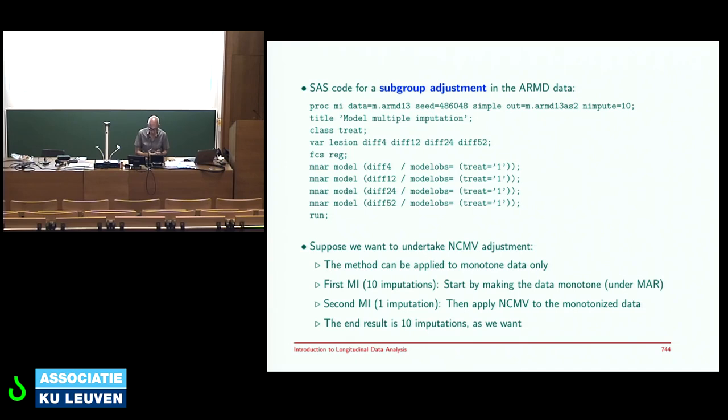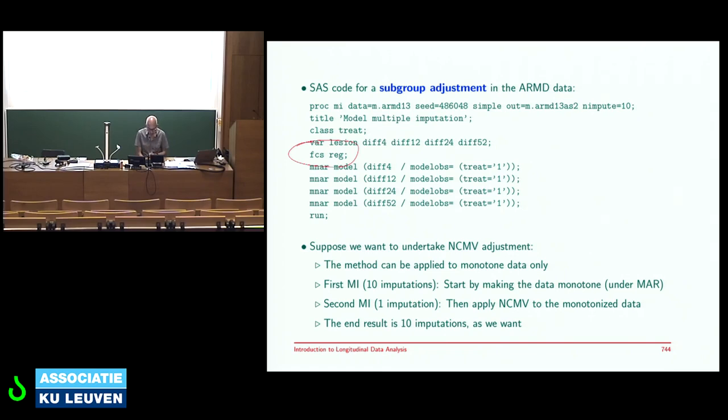A subgroup adjustment, there you say, okay, I apply a missing not at random model, and I'm using FCS here for the record. I'm applying a missing not at random model, but only as far as subjects are in a specific group. So you adjust towards a certain group. This is, you jump to a reference category. In other words, treated patients are looking like placebo patients in terms of their imputation model.